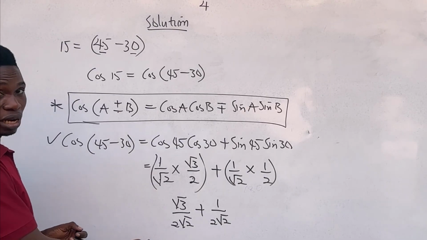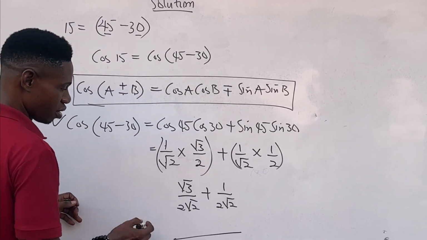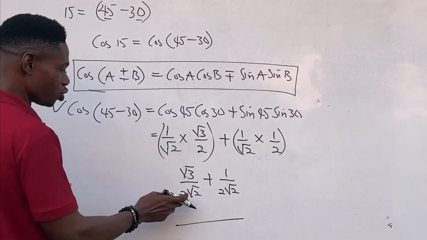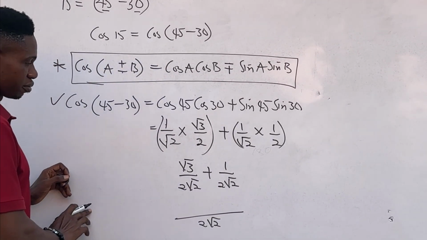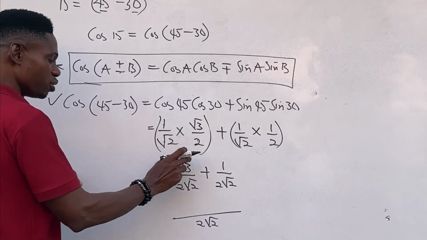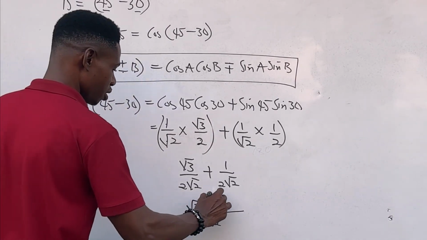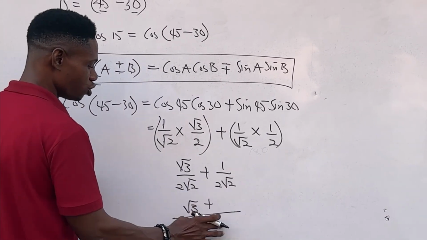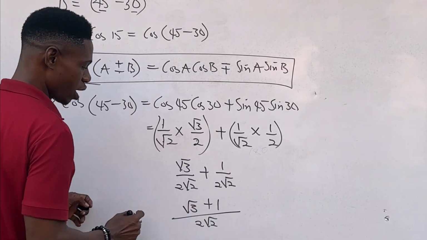So can I continue down here? So the LCM of 2 root 2 and 2 root 2 is 2 root 2. 2 root 2 into root 2 is 1. 1 multiplied by root 3 is root 3. Plus 2 root 2 into root 2 is 1. 1 multiplied by 1 is 1.